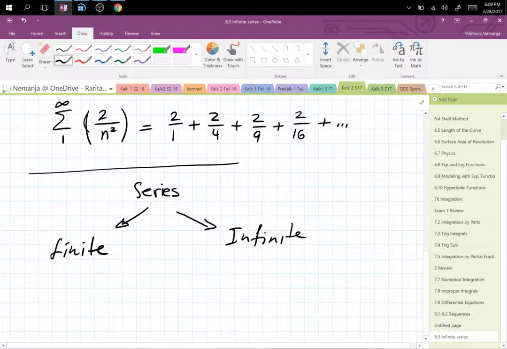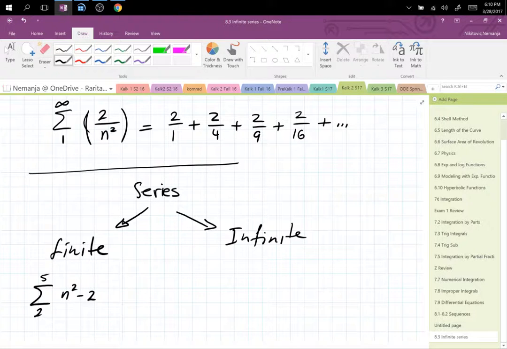Finite series, like let's say summation from 2 to 5 of n squared minus 2, you can compute that. And if you're annoyed that it has too many terms, you will write a code with a loop and it will add it for you. 3 lines, all right?